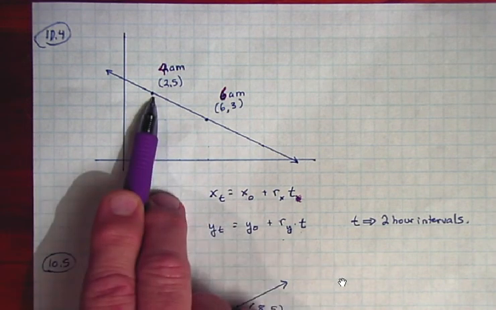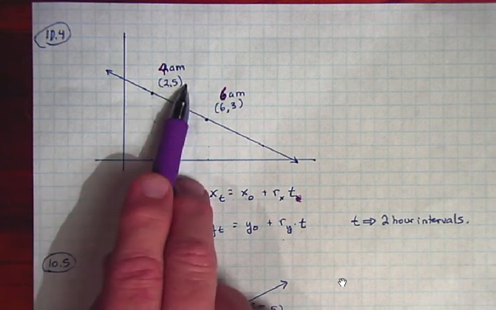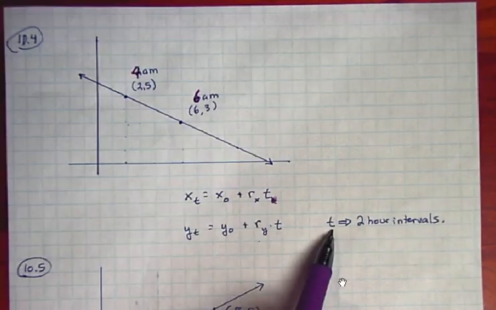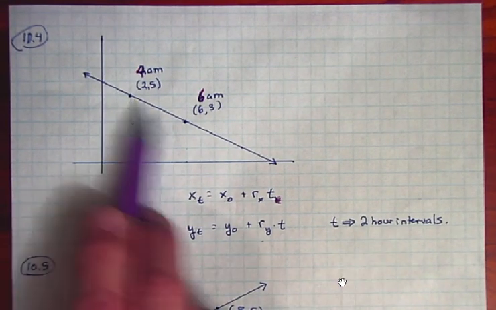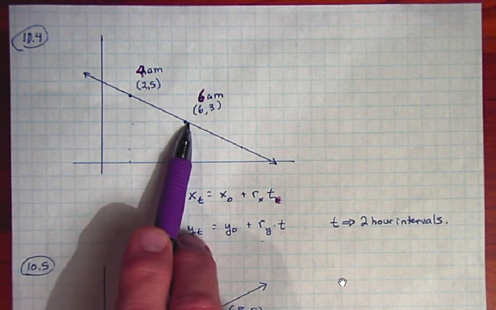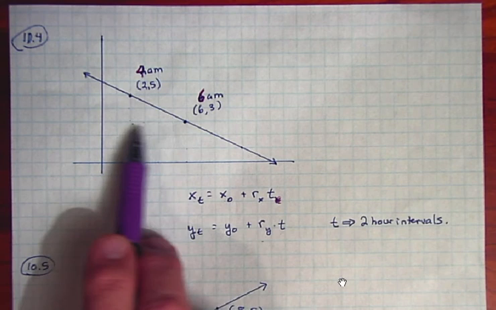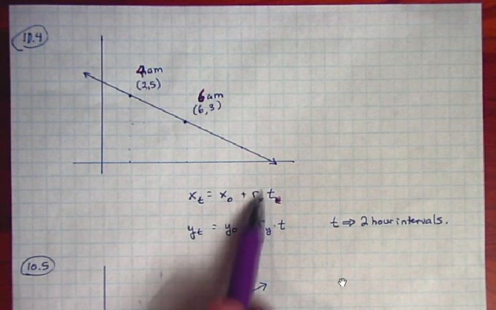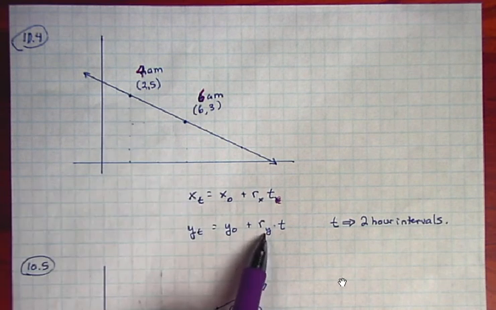So at 4 a.m., make that your time 0. So the x would be 2 and the y would be 5. Also remember that each time interval is 2 hours. So in the first time interval, when time interval is 1, that's a 2-hour part. How far did she go in the x direction? That's going to be your rate in the x direction. And how far did she go in the y direction? That's your change in the y direction.